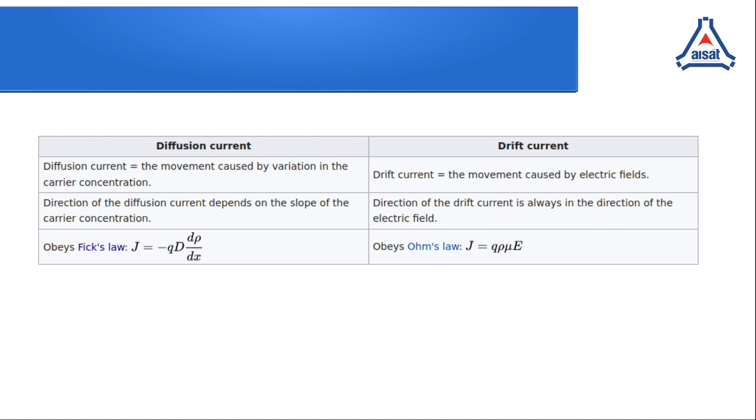If we try to differentiate between a diffusion current and drift current, these are the points that should come to your mind. Diffusion current: movement caused by variation in carrier concentration. Drift current: movement caused by electric field.